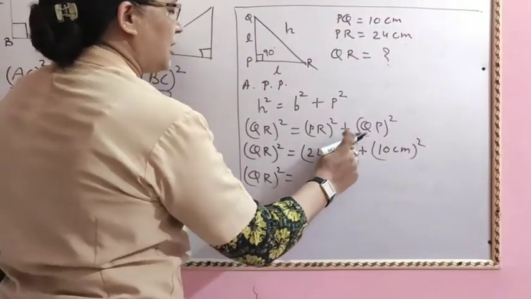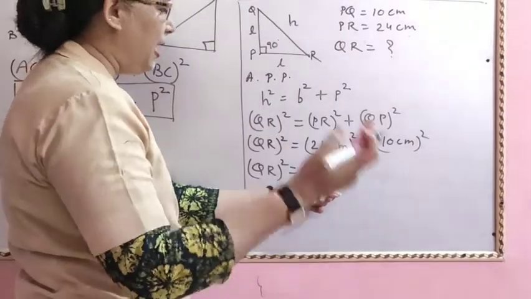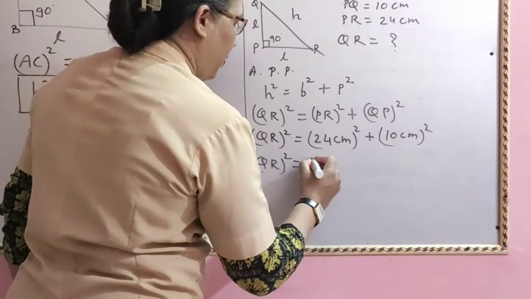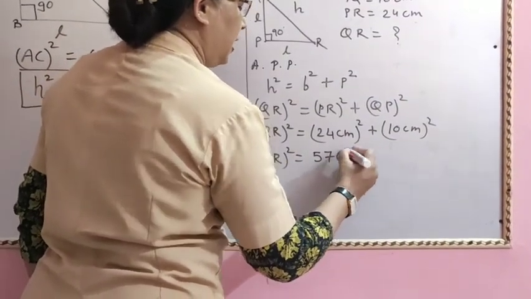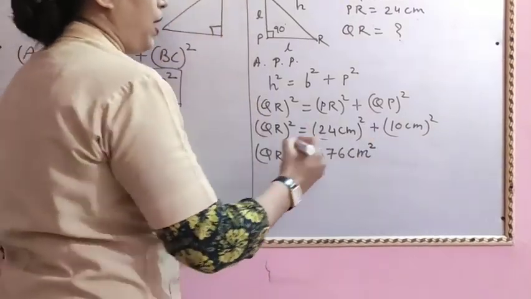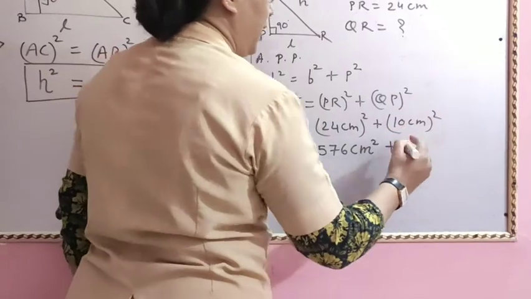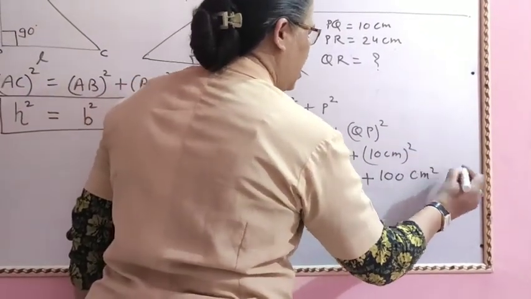We have to find the square of 24 centimeter. It means 24 centimeter multiplied by 24 centimeter. So 24 into 24 becomes 576 centimeter square, plus 10 centimeter square means 10 into 10, it becomes 100 centimeter square.